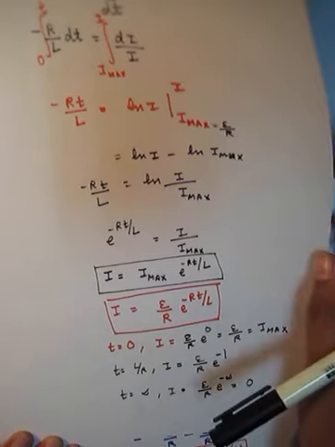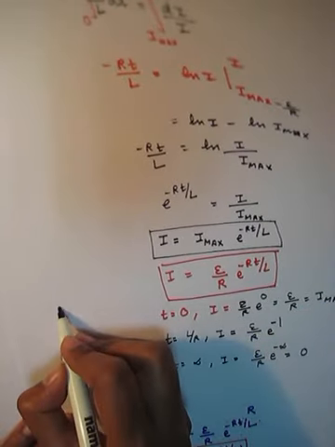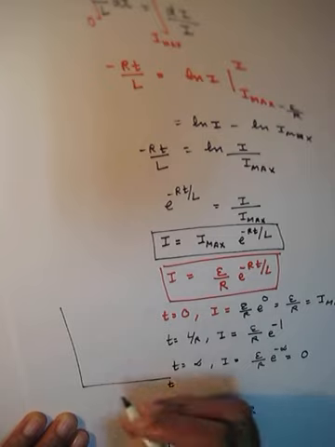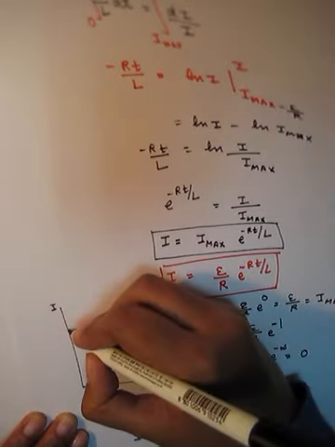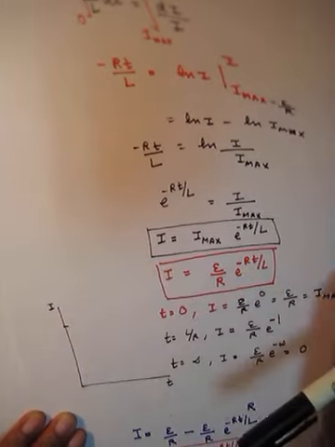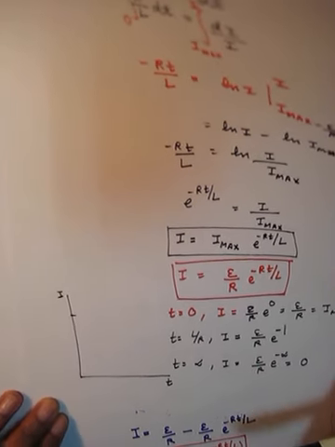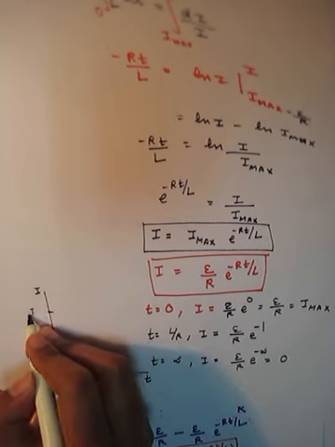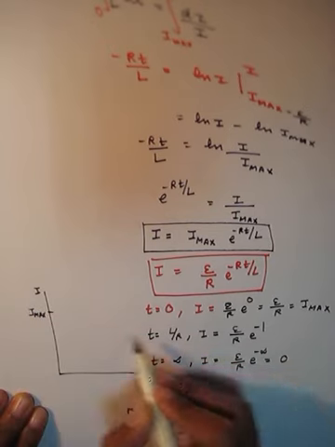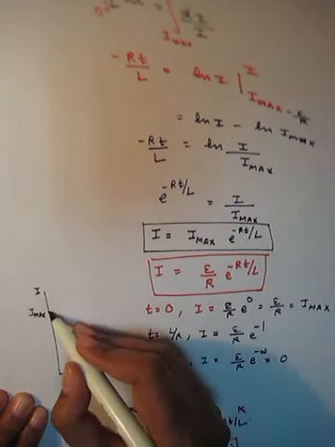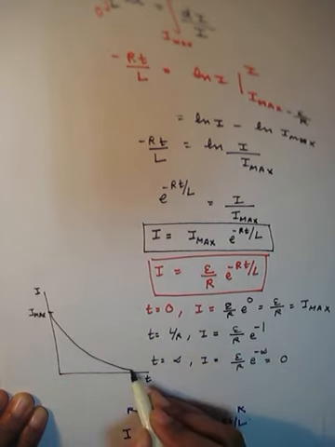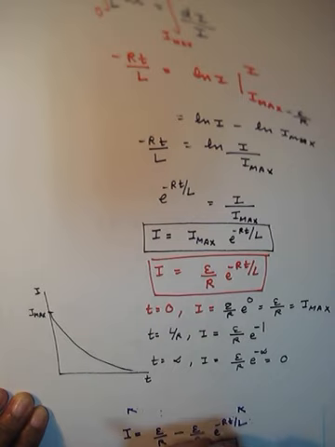If you plot it, at time 0 it will have maximum current I maximum, and then it will decrease exponentially, and at infinite time it will tend to 0.